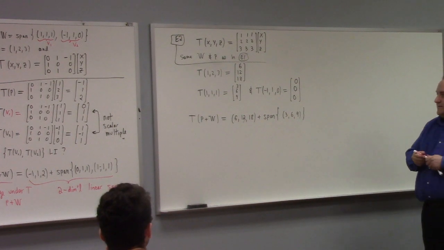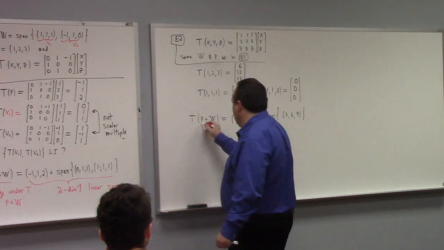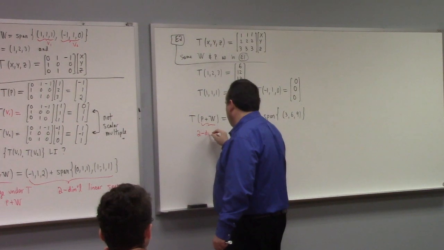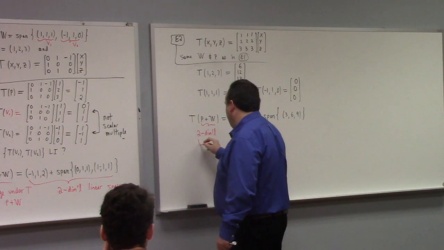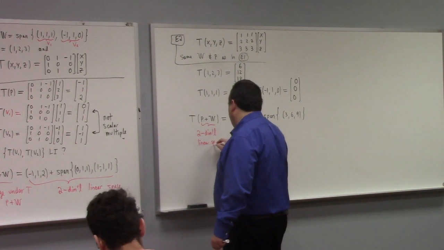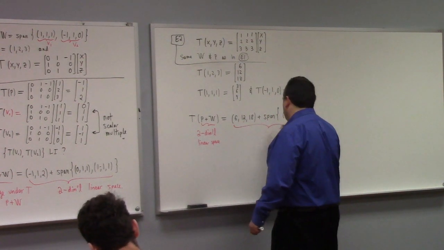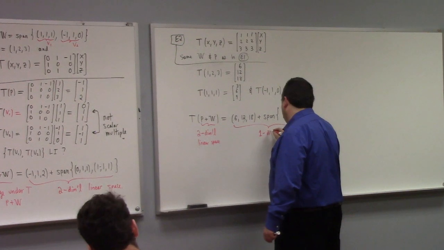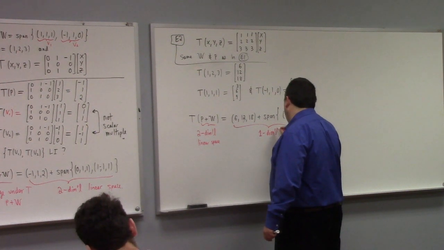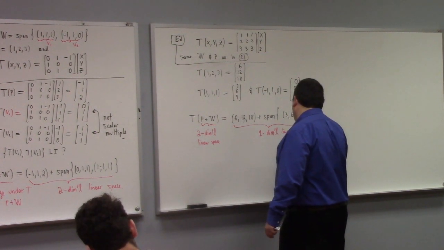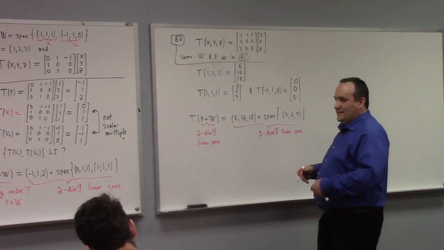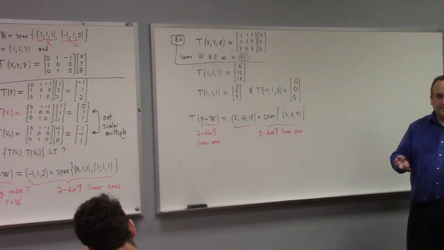Think about it. This was a 2-dimensional linear space, and this over here is just a 1-dimensional linear space, also known as a line. So we dropped a dimension.